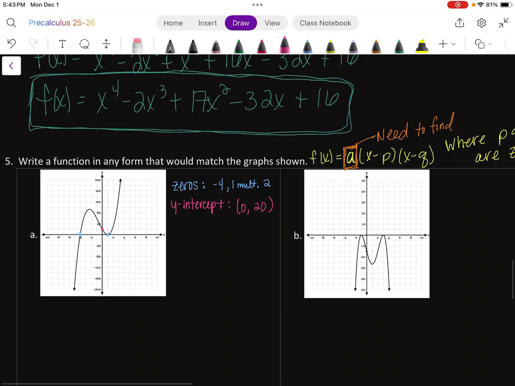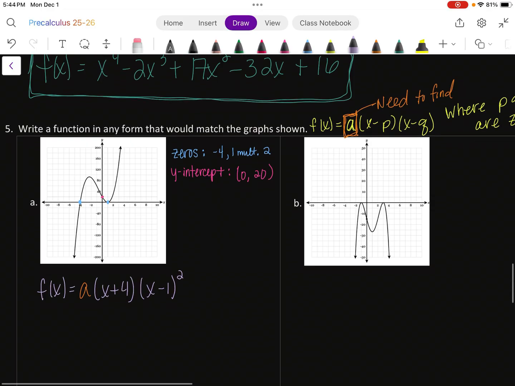So if I were to write a general factored form polynomial, and I don't know what my a is, I would have x plus 4 and x minus 1 squared because of that multiplicity of 2. All right, but I was given this y-intercept, which f of x is also y.